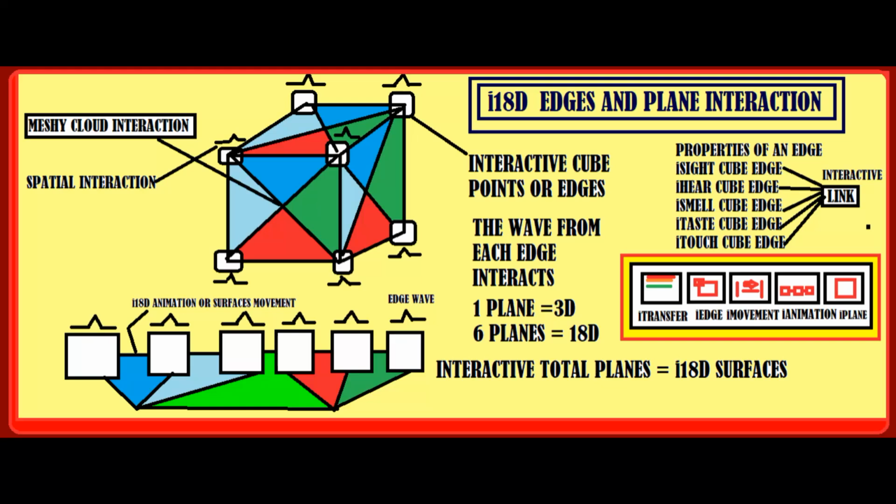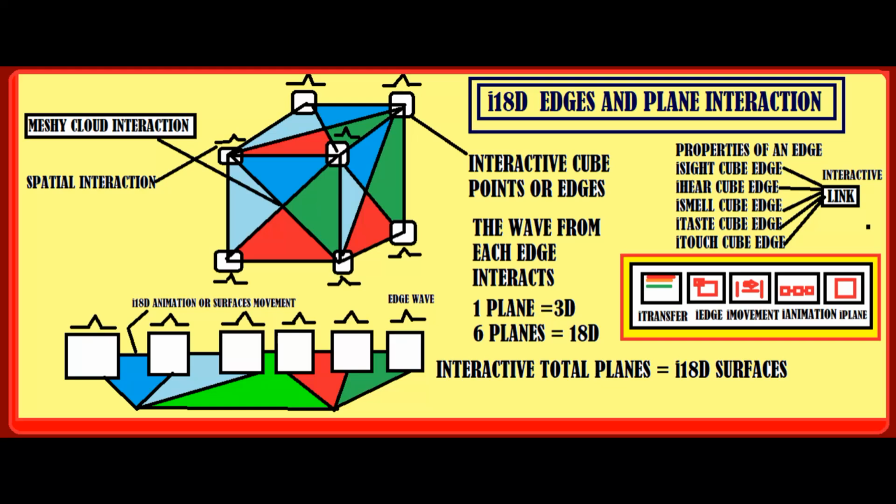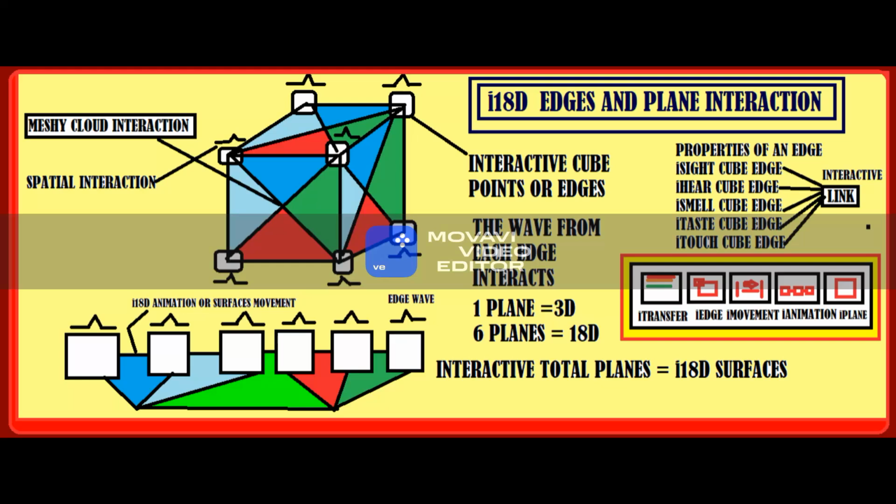And we understood definitely that there is an interactive modus between the edges of the points, and when they interact, actually there tends to be a movement. And we understood definitely from what I said earlier that we have waves, that each of the edges or points gives waves, and these waves tend to be in the format of eyesight, eye hear, eye smell, eye taste, eye touch.